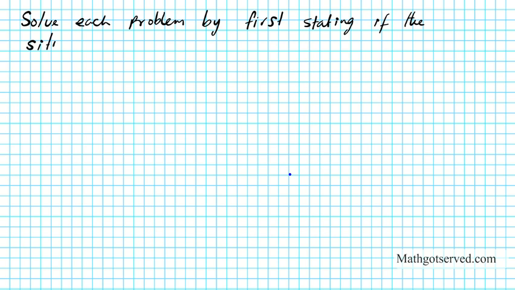The instructions are to solve each problem by first stating if the situation is growth or decay, and if it's discrete or continuous.